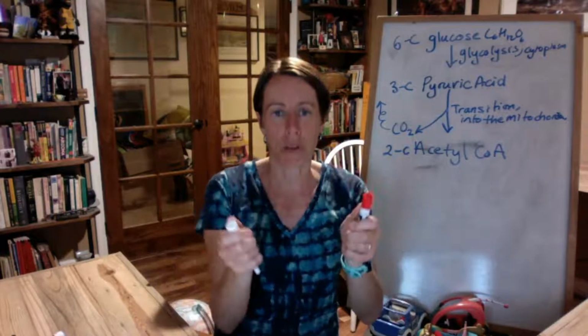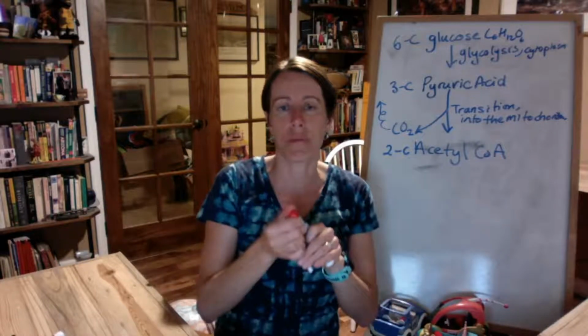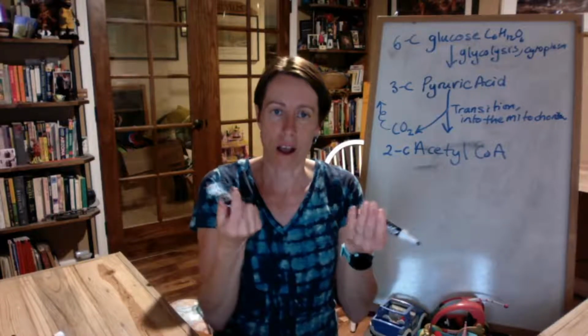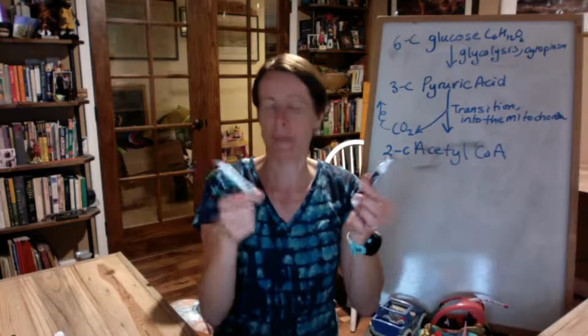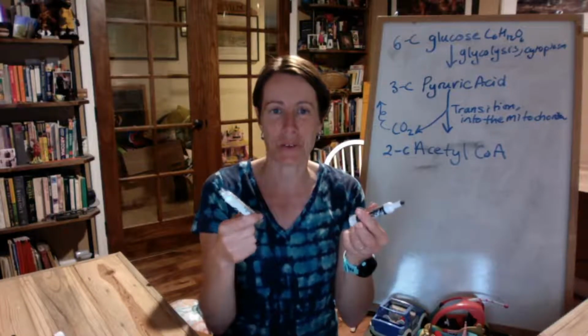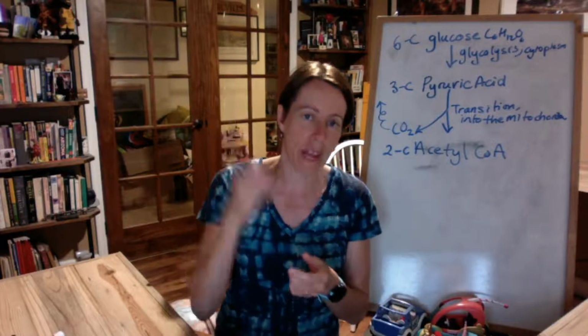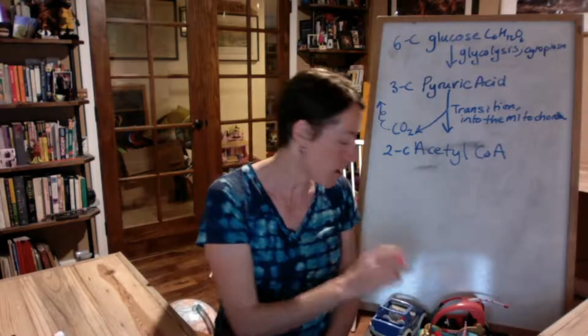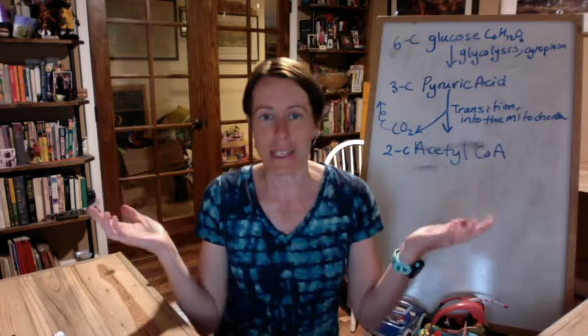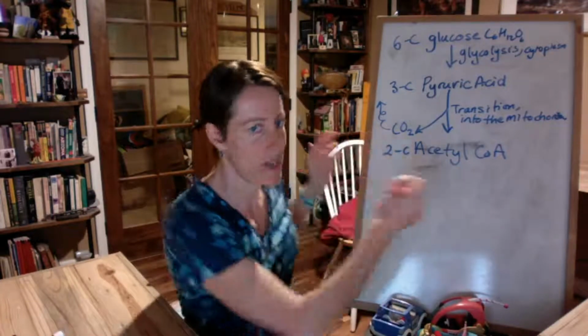Ultimately, this gets broken apart. All the electrons get pulled out of it. And the molecules are broken into individual carbons, which are CO2. At this point, we're going to breathe that out, and the electrons are harvested. So at the end of this, I should fill my diagram in here.